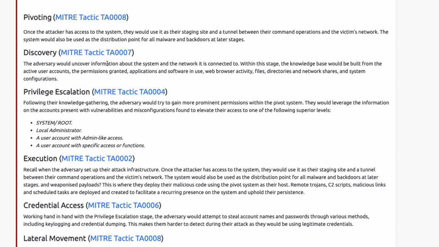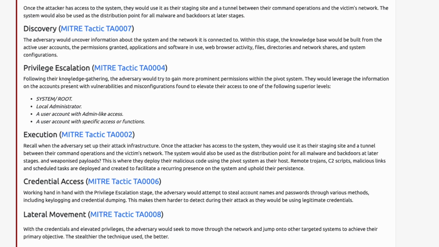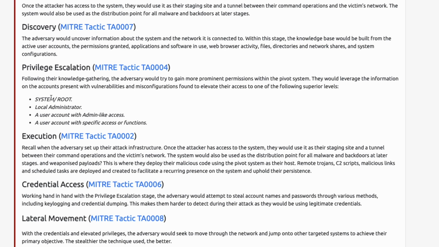Discovery would uncover information about the system and the network it is connected to. Within this stage, the knowledge base would be built from the active user accounts, permissions, applications, software in use, web browser activity, files, directories, network shares, and configurations of the system. Then you have privilege escalation, and you want to gain access ultimately to root system or root privileges.